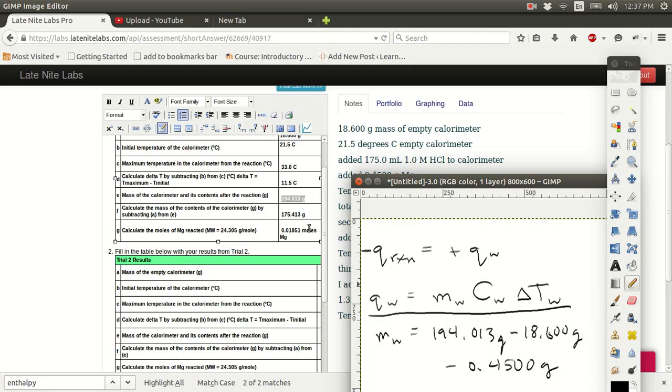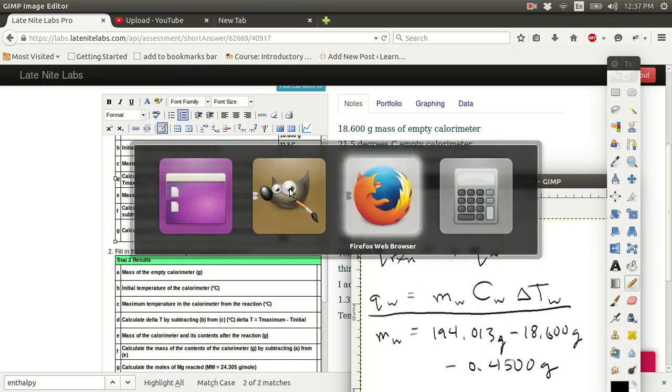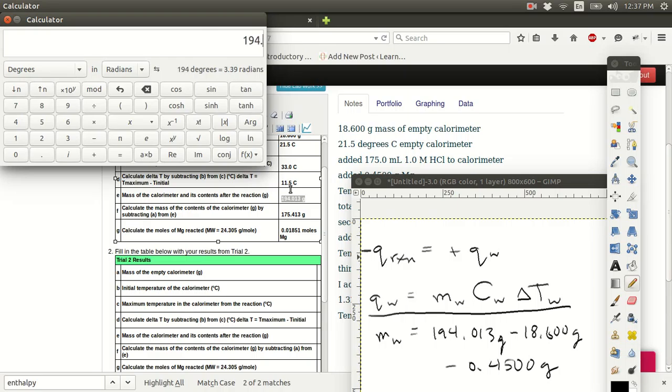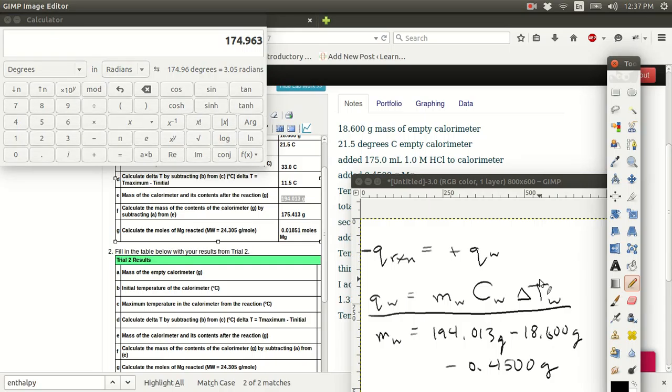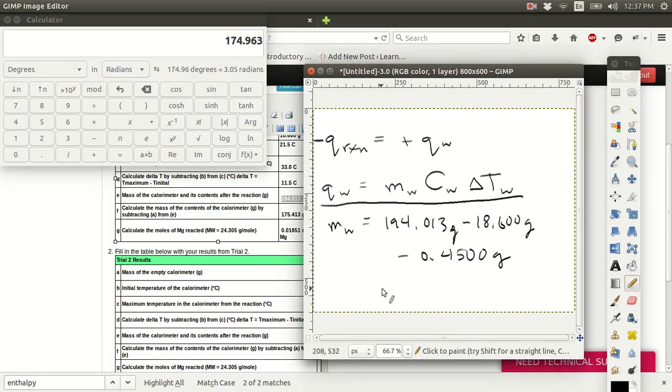I could also have just taken this number, 175.413 grams, and subtracted 0.45 grams, the mass of the magnesium, because in this number, the calorimeter is already subtracted. So I get 174.963 grams. That doesn't make sense though, because this, oh yes it does, this number is lower. So 174.963 grams is the mass of the water.